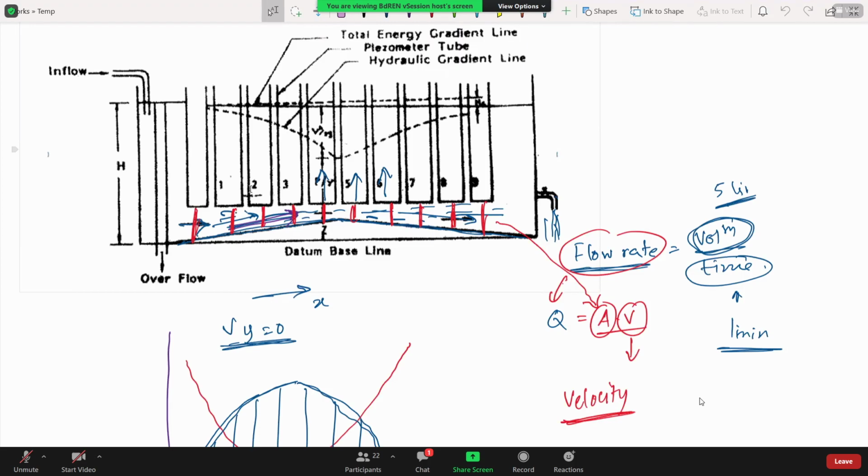You will have to measure up to what point the fluid has moved in this pipe. This will be the point at which the fluid moved up the pipe. Clear why the fluid will move up the pipe?